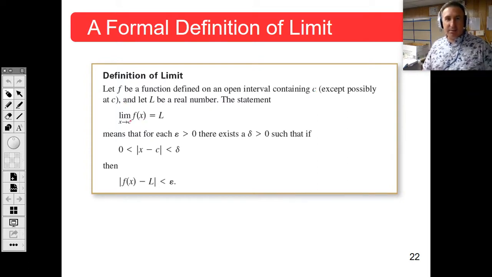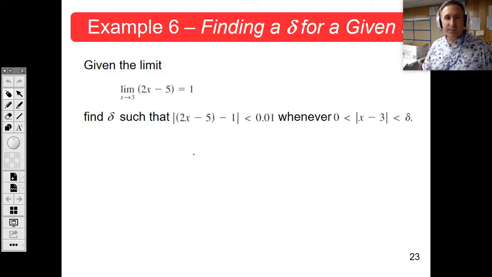The statement, the limit of f of x as x approaches c equals L, means that for each y value, epsilon that's greater than nothing, if we have some distance from our proposed limit, there exists a delta that's bigger than 0 away from our proposed x or c value.